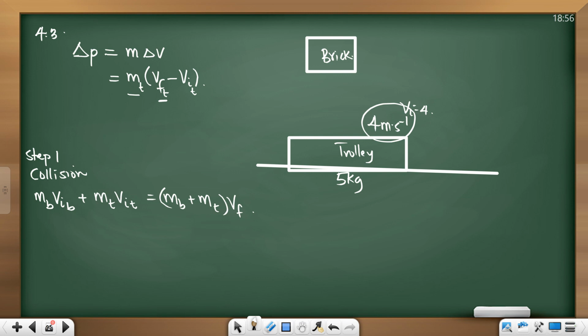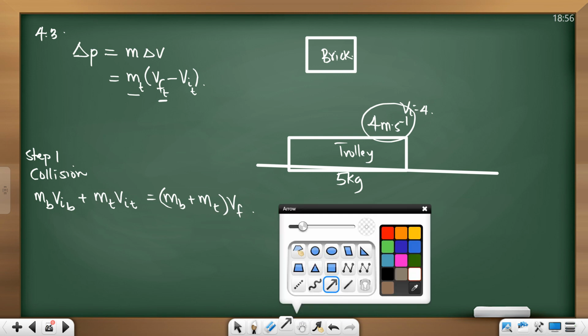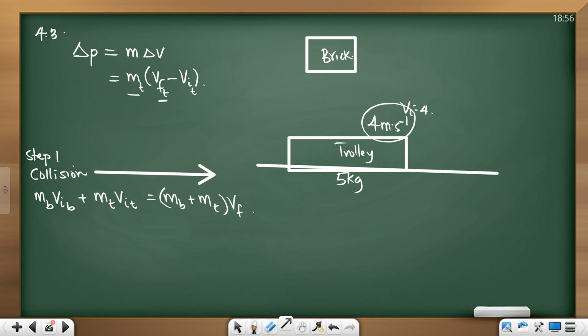Remember, the collision happened on a horizontal plane. Don't forget. The collision happened on a horizontal plane. What's the mass of the brick? 1,5. What is the initial velocity of the brick? Horizontally, 0. Why 0? The brick was falling vertically and then changed to a horizontal movement.